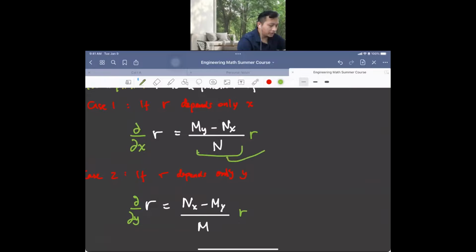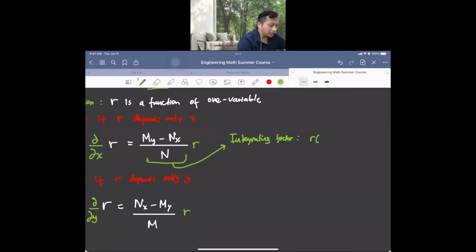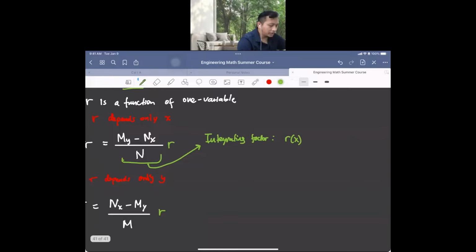So we have the integrating factor R(x) equals e to the power of the integral of (M_y minus N_x) over N dx.